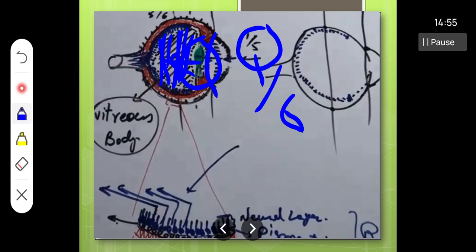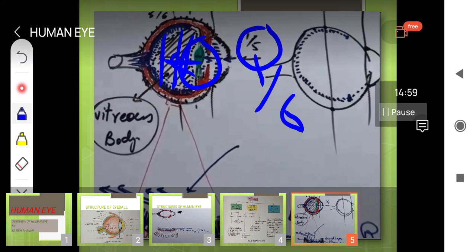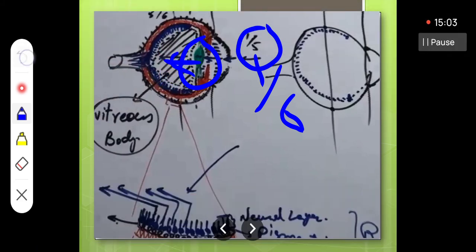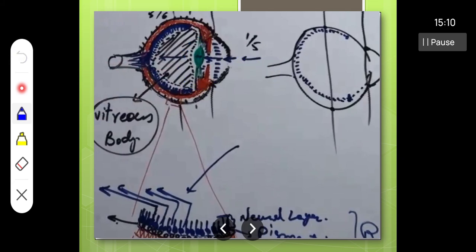So this is about all the structures present in the eye. Now we'll talk, very briefly, about how light enters and what all happens there. Let me erase all these things and then I'll show you. From the outside the light enters.